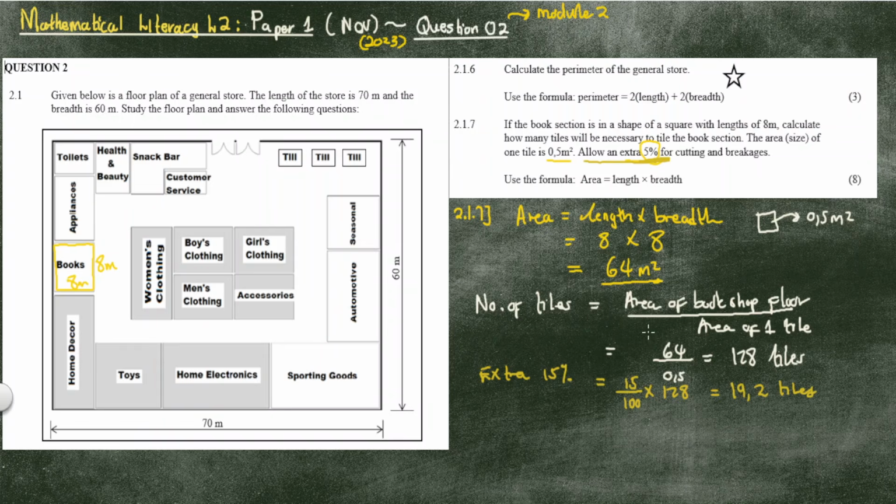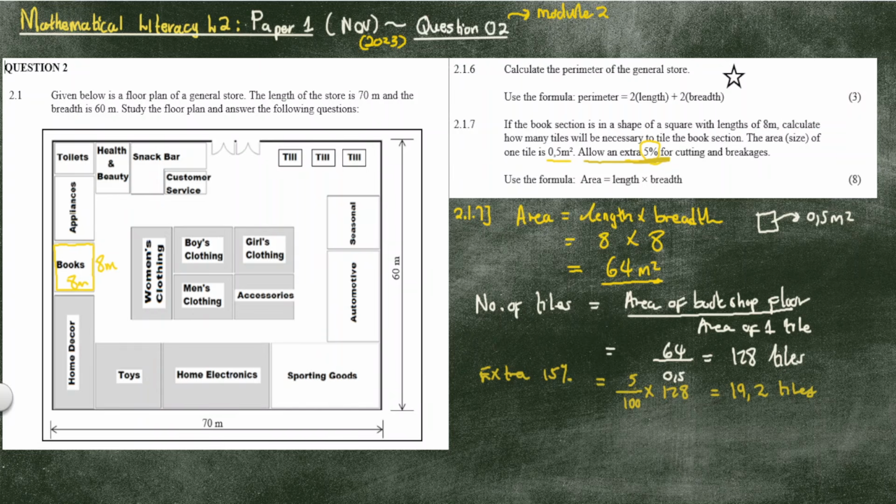Where am I getting 15% now? Where am I getting 15%? Okay, let me just fix that one. It's not 15%, but 5%. I was a little bit worried. How 15%? It's a lot.